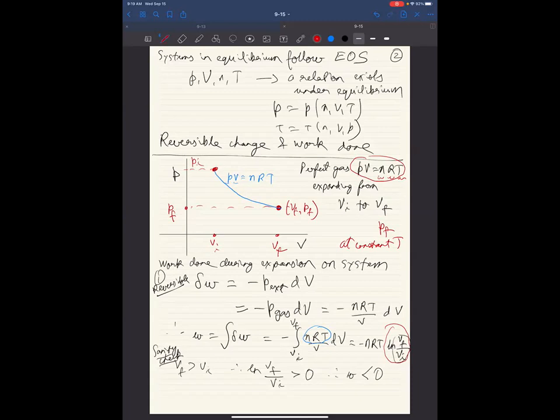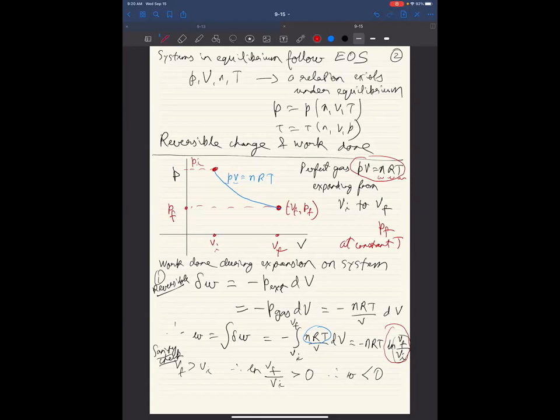Does that make sense relative to what we said last time? It does, right? When you expand a gas, negative work is done on the system. What does it mean? It means the system had to do work against its surroundings in order to expand. If the gas is expanding, you would be able to get some work out of it. So in general, when a system expands, which could be your muscles expanding or the steam in a steam engine expanding, that's when you get work out of it.